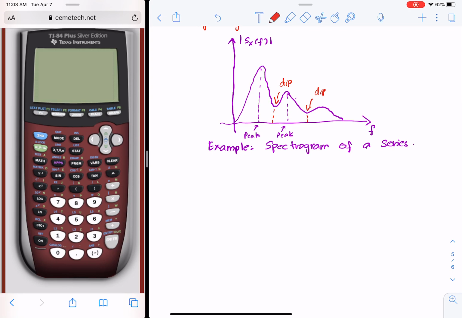So just by looking at this frequency graph with the spectrogram, we can sort of guess that this is an ARMA 2-2 model, because I see two peaks and technically three peaks.